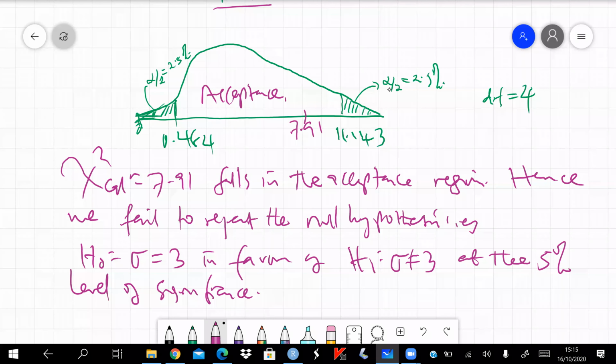We fail to reject. Usually we avoid using the word accept the null hypothesis. We fail to reject the null hypothesis in favor of the alternative at that level of significance.